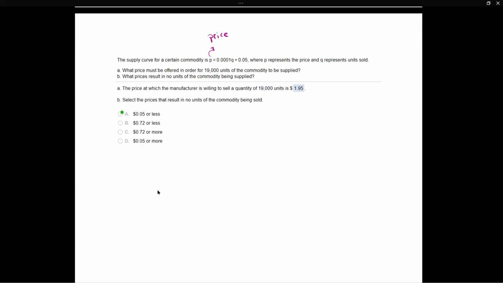So P represents the price, and Q represents units sold. Right? You know, if something costs $2, if you buy 2, it's 2 times 2. If you buy 5, it's 5 times 2. So the price has to do with the number of units, but it follows this equation.